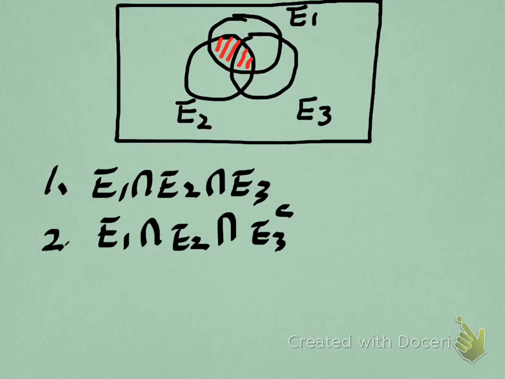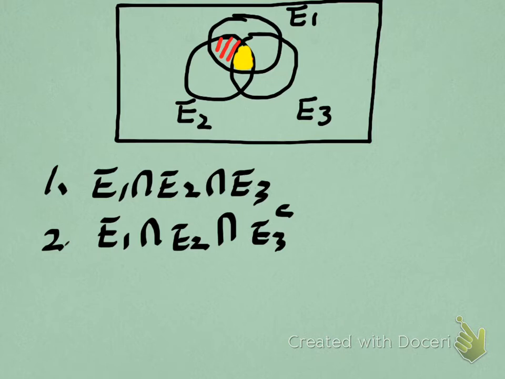However, in the question, it says intersection with the E3 complement. What does this mean? This means the result shouldn't include any intersection with E3. That's the meaning of the complement of E3. So if we look at this, the part we originally showed in yellow shouldn't be included in the intersection with E3 complement.